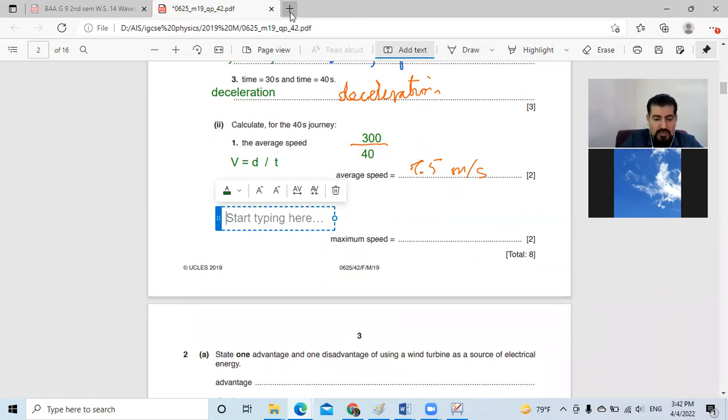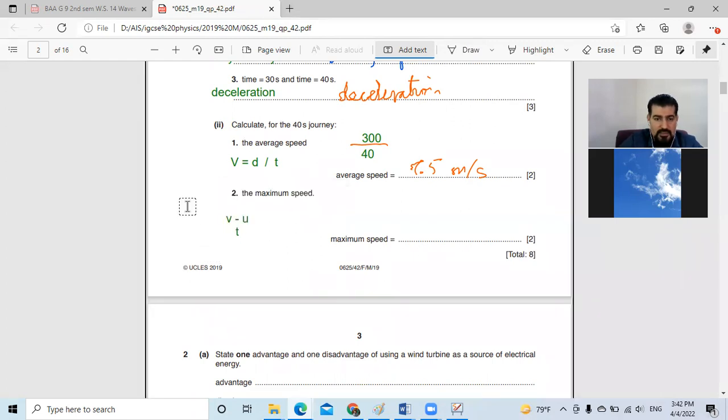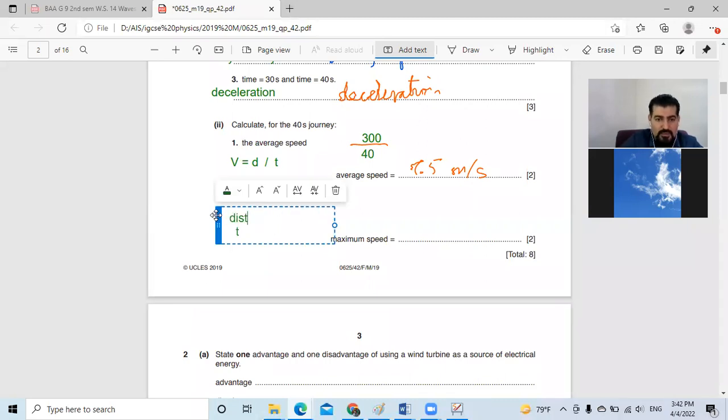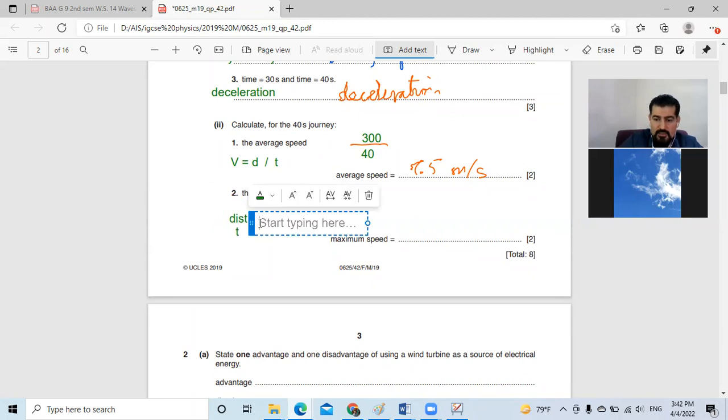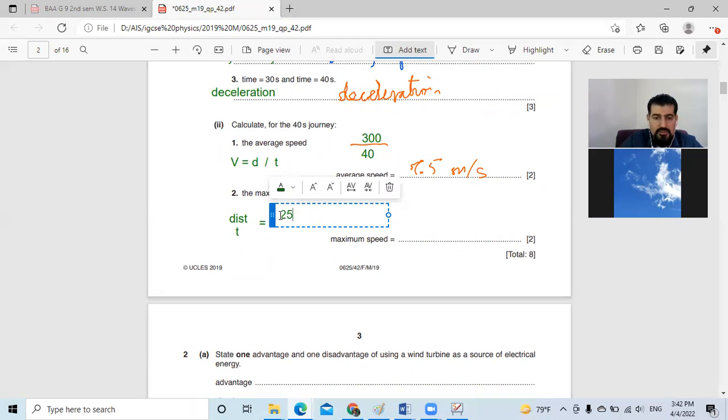I'm sorry, not V minus U. It will be distance divided by time, and the distance here is 250 minus 70, over 30 minus 15 for the gradient.